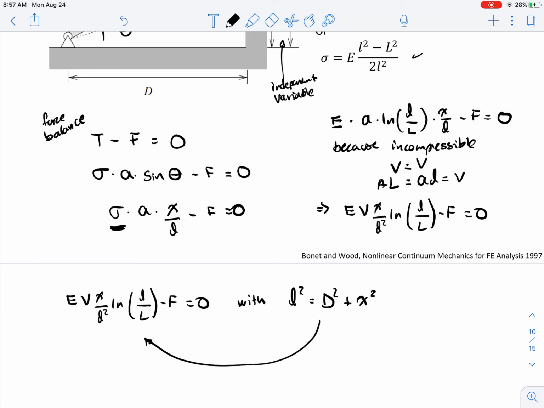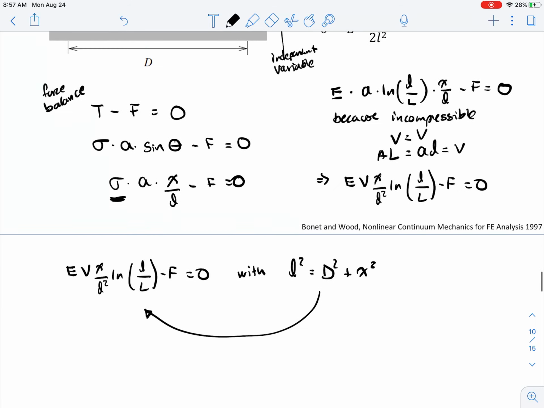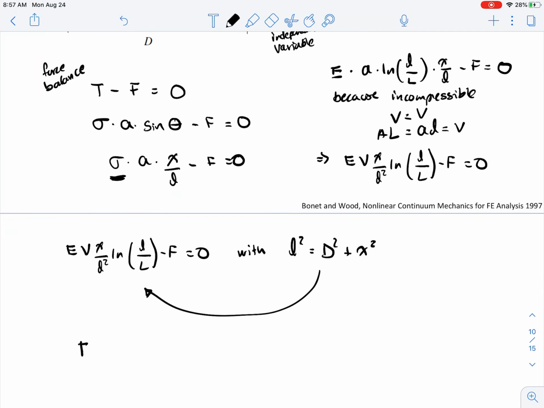If you plug this here, then you're going to end up with a single equation in terms of x. I could write it out: E V x, and then right here l squared, which is just D squared plus x squared, logarithm of l, which is the square root of D squared plus x squared over L, minus f equals 0.